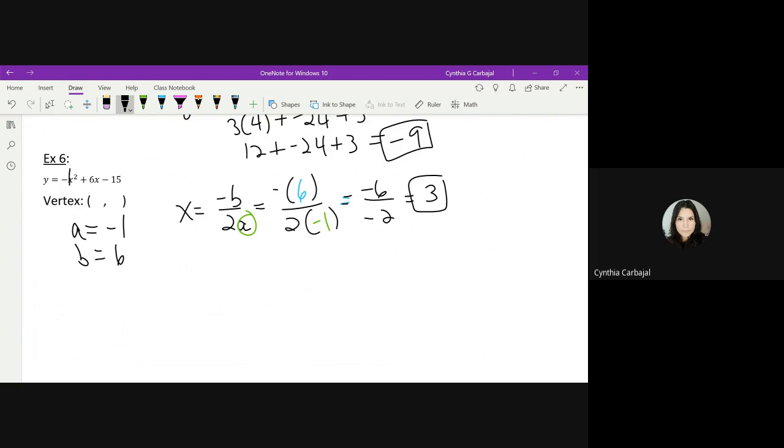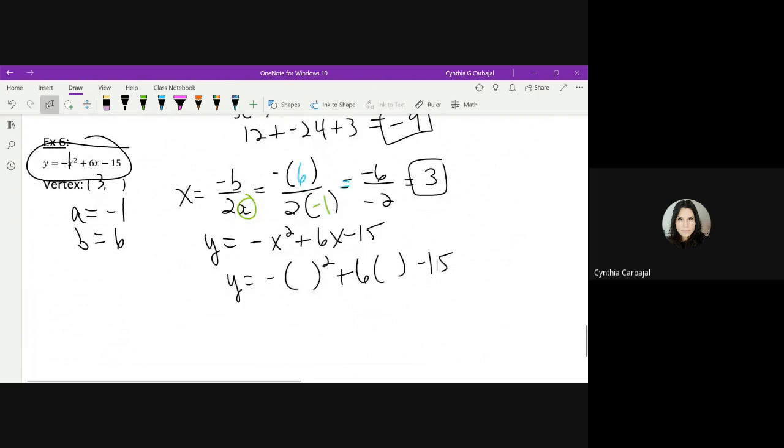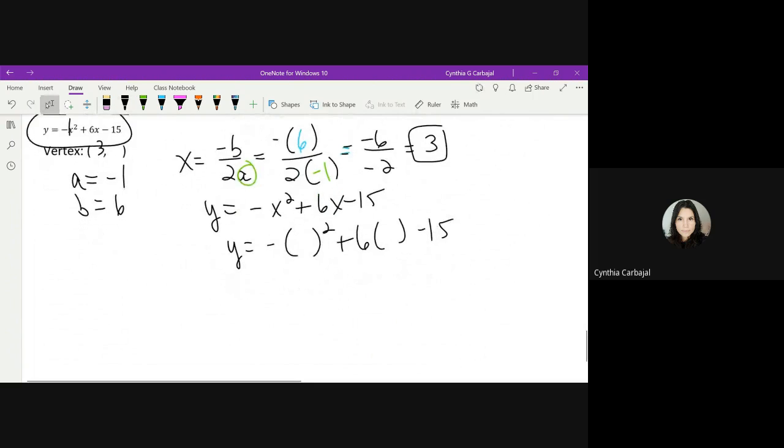That's going to go here. Then we plug it into the equation we started with here. Negative x squared plus 6x minus 15. So that's going to be negative parentheses squared plus 6 parentheses minus 15. So we're going to substitute in that 3, right?